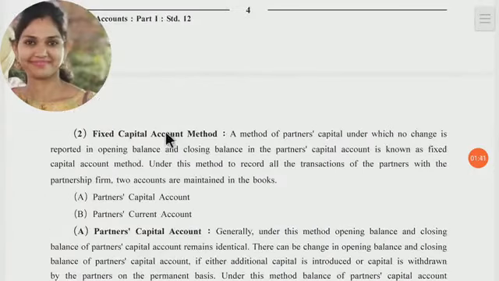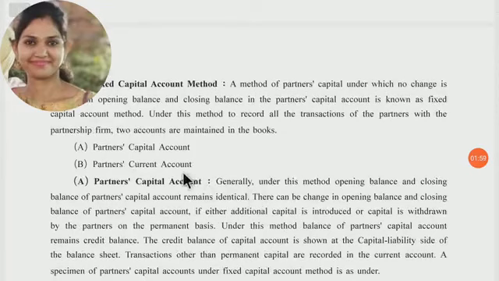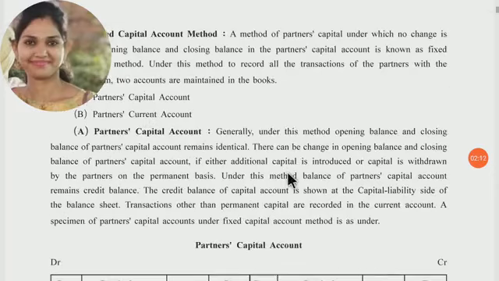The second method is the fixed capital account method. In it, we prepare a partner's capital account and a partner's current account, because, as the name says, the opening capital and closing capital of a partner remain the same. So we do not give any adjustment entry in the capital account. All adjustment entries like salary, bonus, commission, profit, we give in the current account.